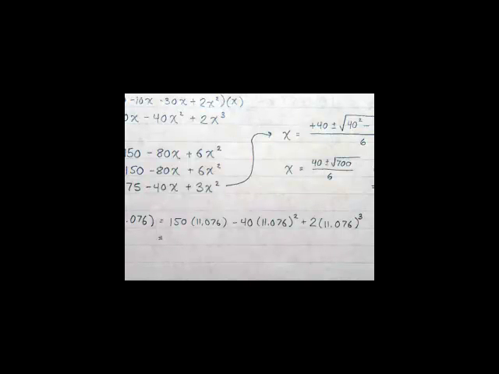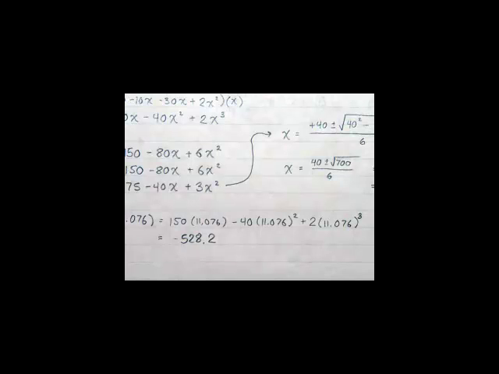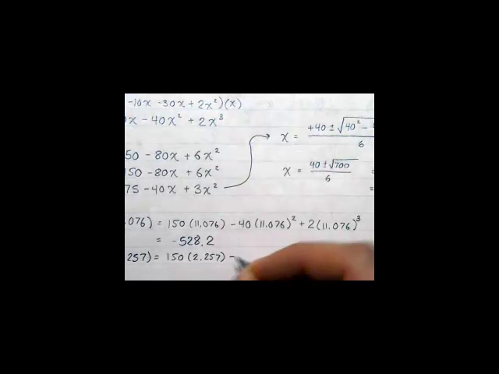Negative 528. So I'm thinking that's not the right answer. What do you guys think? Yeah, nah, probably not. Okay. Try the 2.257 once. Let's see what that one gives us. That sounds more reasonable.